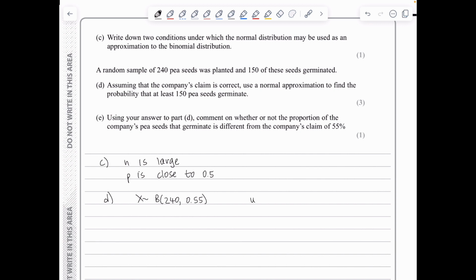So mu is np, which is 240 times the 0.55, which gives an answer of 132, and sigma squared is np(1 minus p), which is 240 times 0.55 times 0.45, and this gives an answer of 59.4. These will be the parameters for the approximating distribution, the normal distribution.